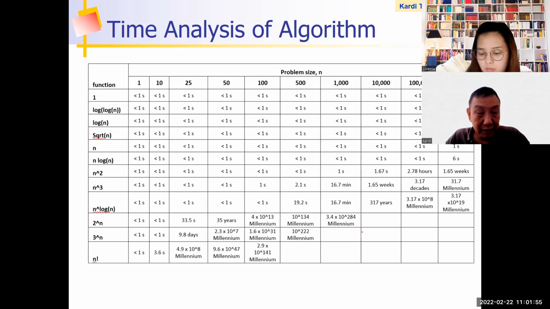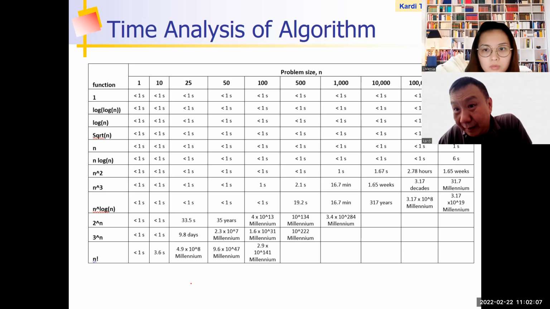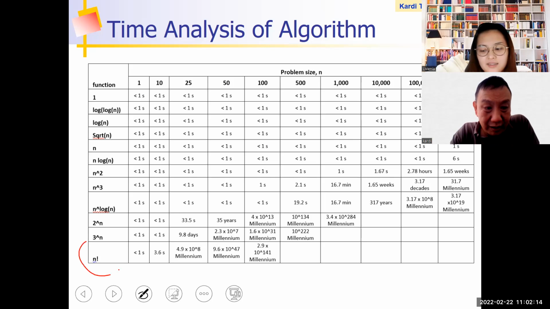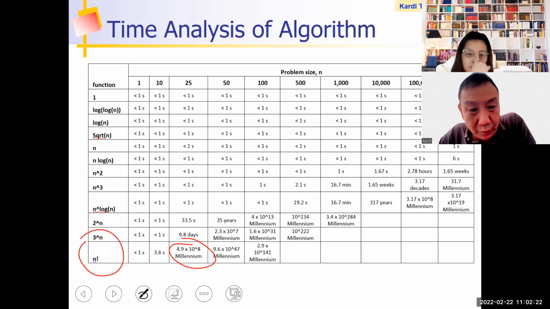Okay, so this is the time analysis of algorithms. You can see here, I think we discussed this in programming, remember? So there are some problems like the factorial here. If larger than 25, it takes a millennium to solve it, right?